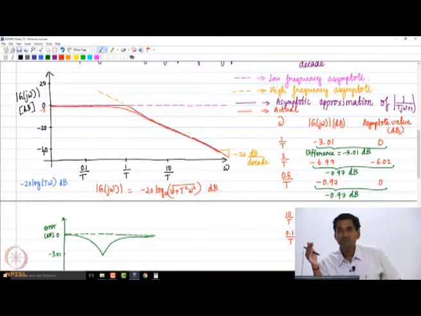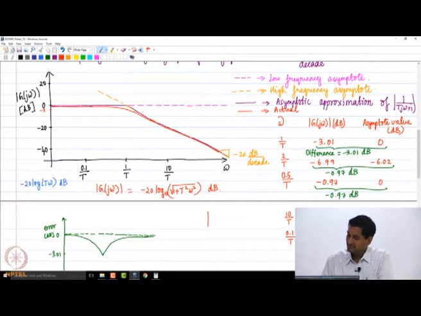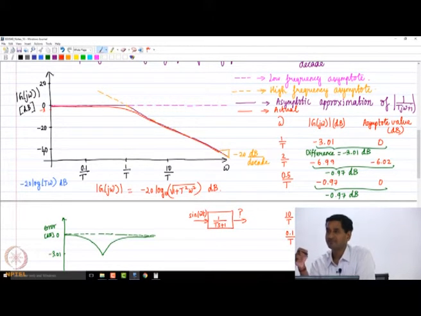Because what it does, if you consider this 1 by Ts plus 1 as a block, and you provide sinusoidal inputs, sin omega t or cos omega t, and then ask yourself the question, what am I going to get as the output.